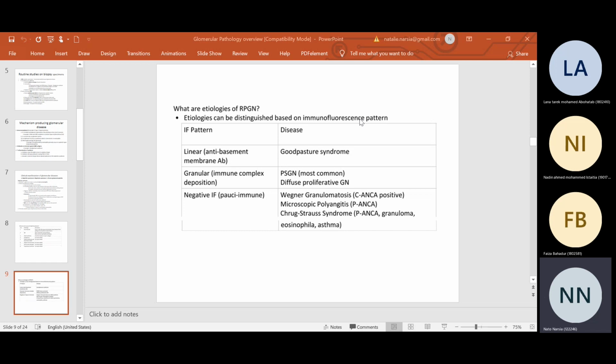So ANCA-positive nephropathies usually are negative IF. It does not give you fluorescence, but there you can find antibodies, right?